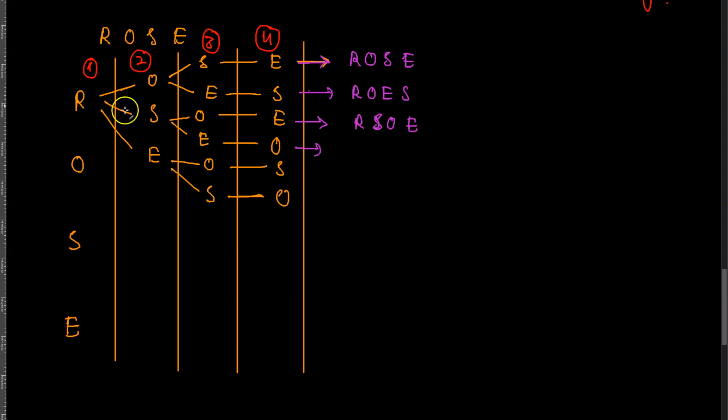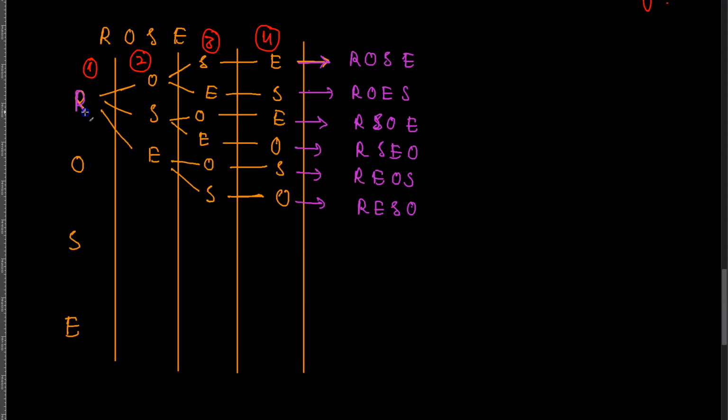And the word that I have created here is R-S-E-O. The word that I have created here is R-E-O-S. And the word that I have created here is R-E-S-O. Right?